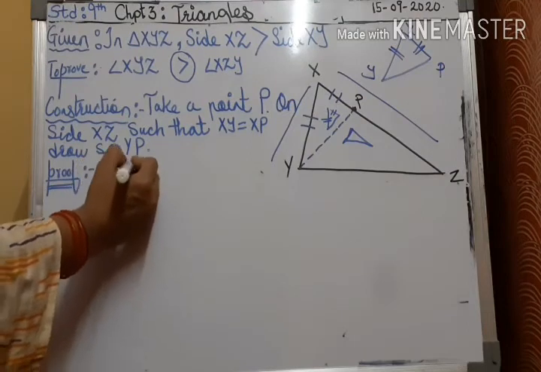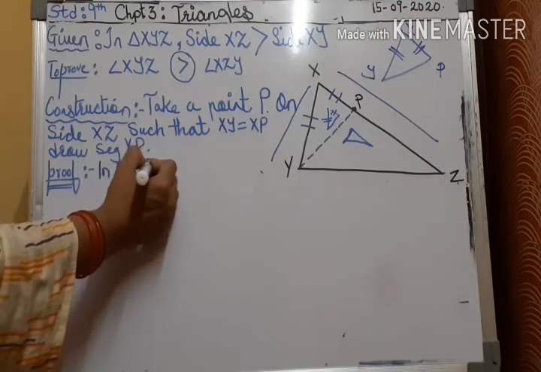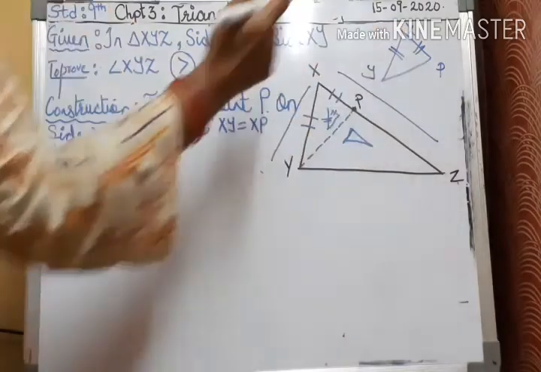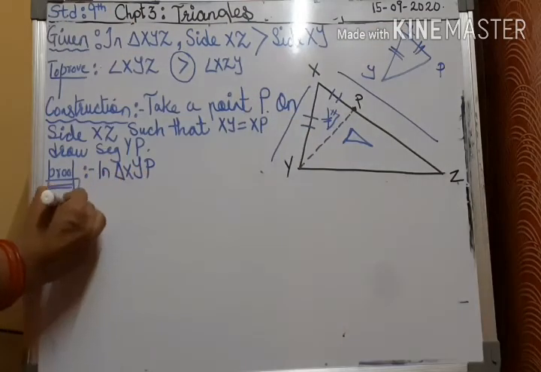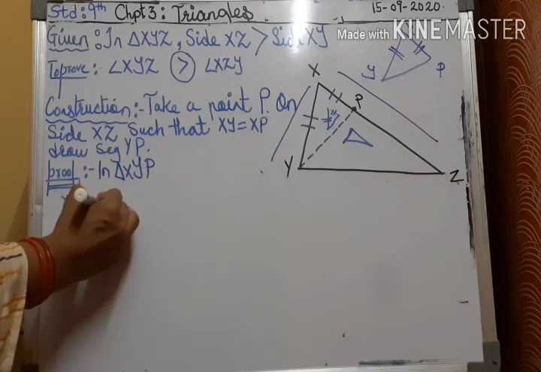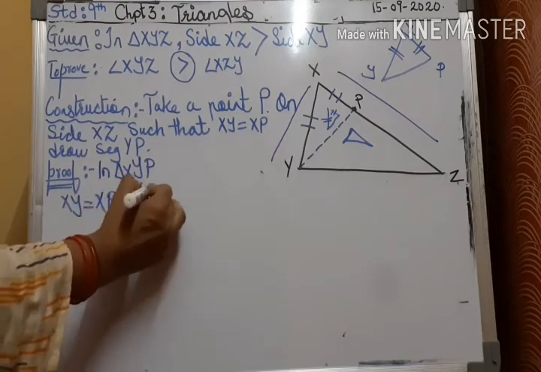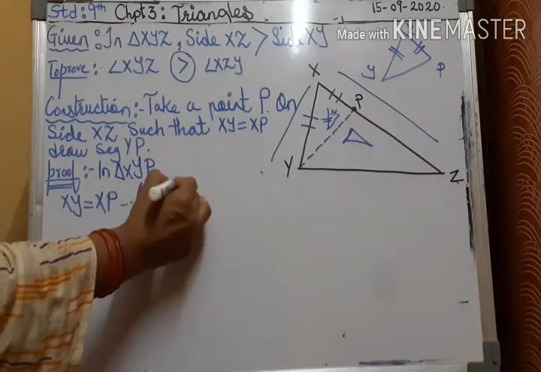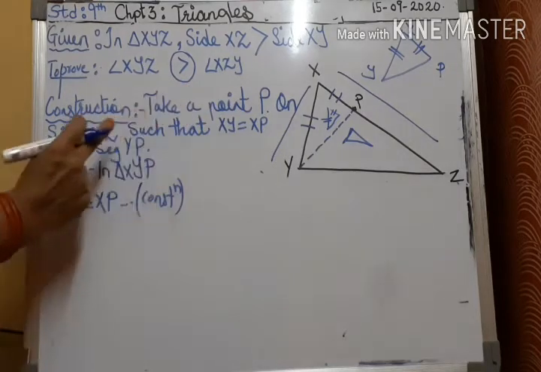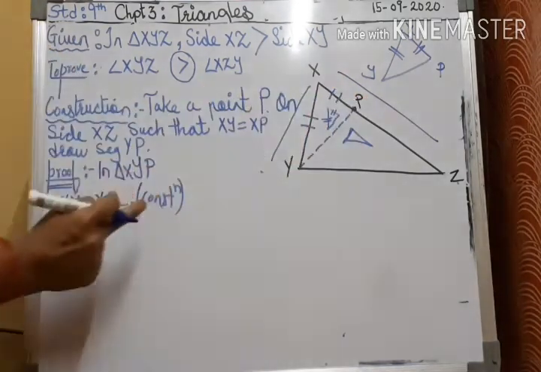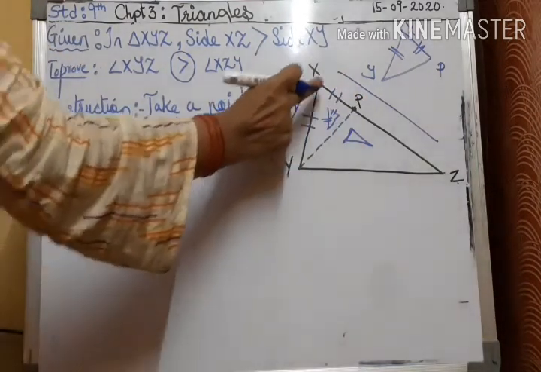In triangle XYP, XY is equal to XP. XY is equal to XP. Where did this come from? It comes from construction. When we construct this line, we get XP and XY equal to each other.